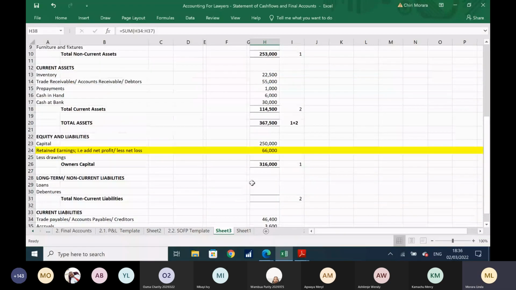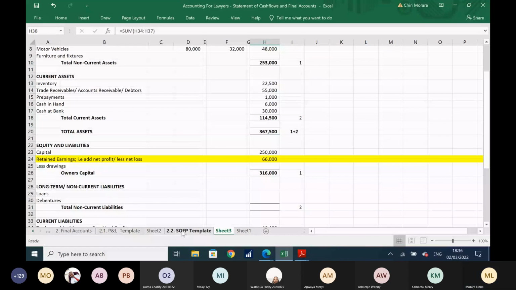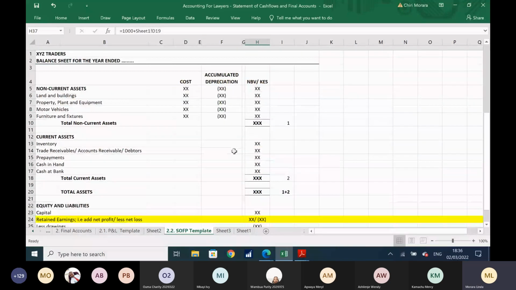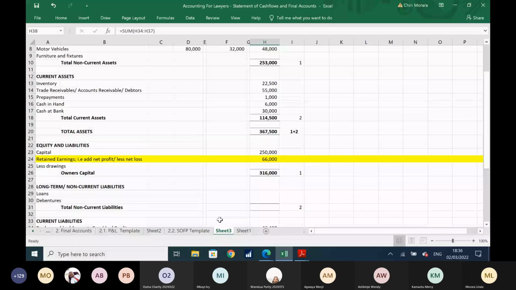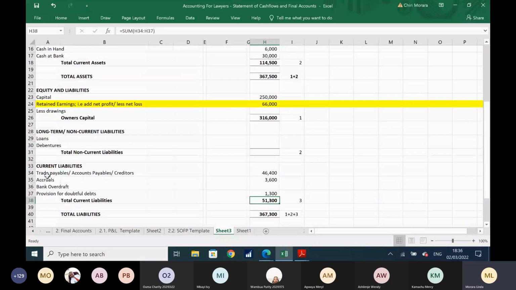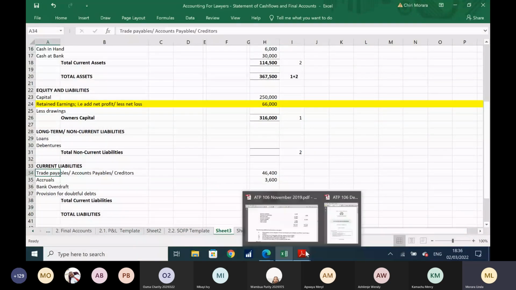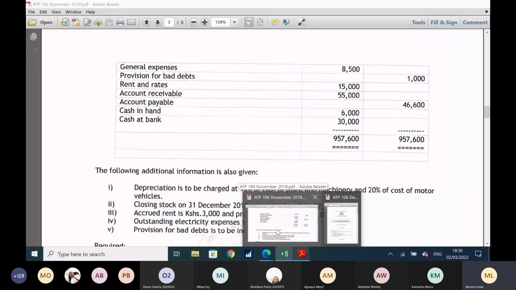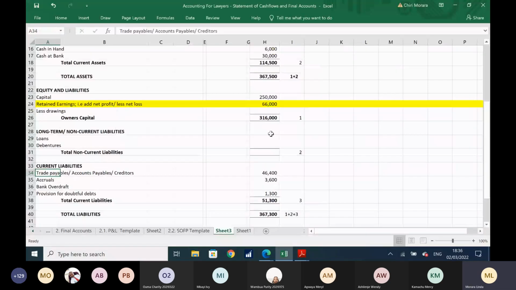What else did I put in the wrong place? I could have put something else here. We have our capital, that is okay. Our trade payables is 46. Oh, it is 46,600, not 46,400.